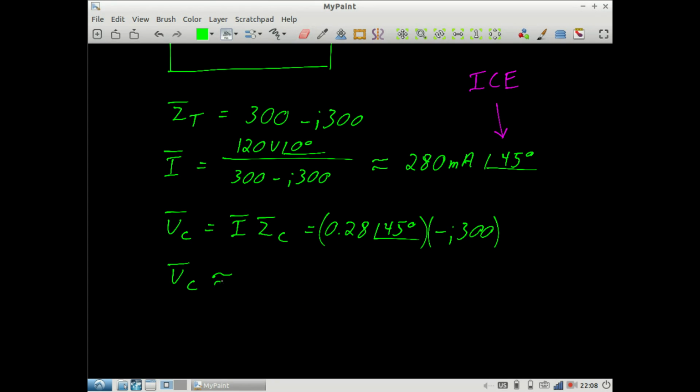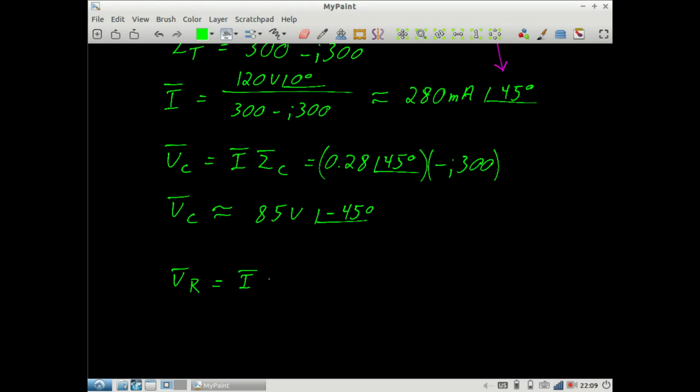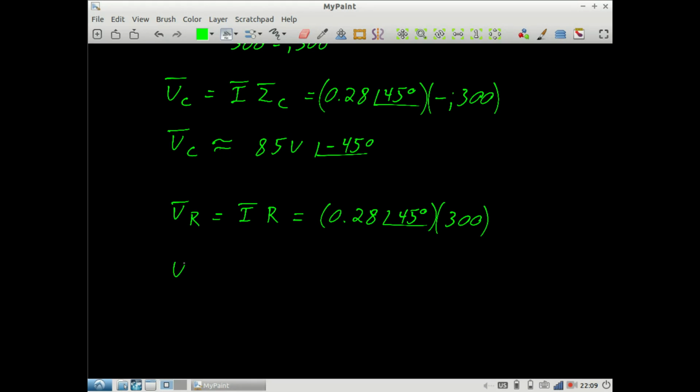The voltage on the resistor may be calculated as the current times the resistor. Which again is 280 milliamps at a phase angle of 45 degrees multiplied by 300, which gives us 85 at a phase angle of 45.